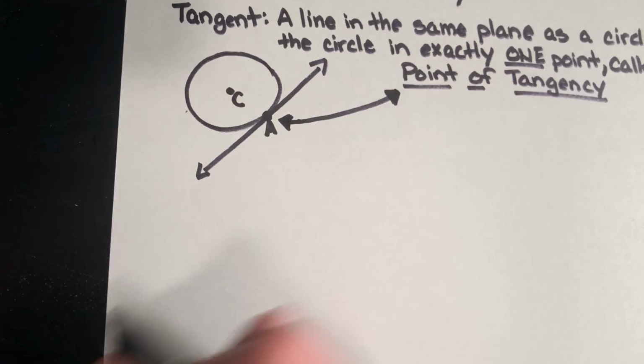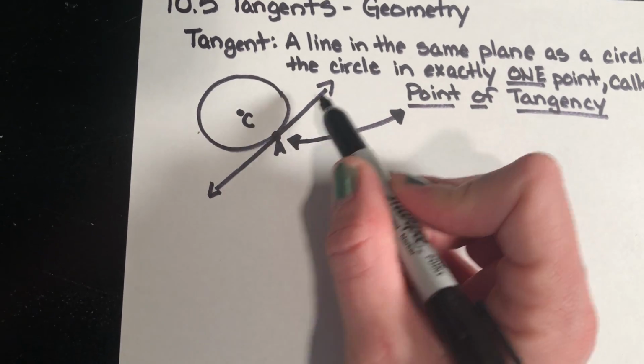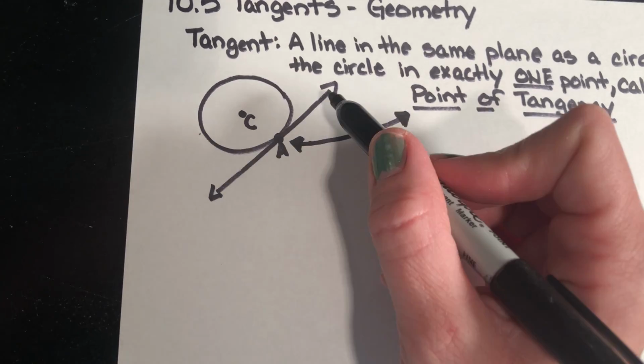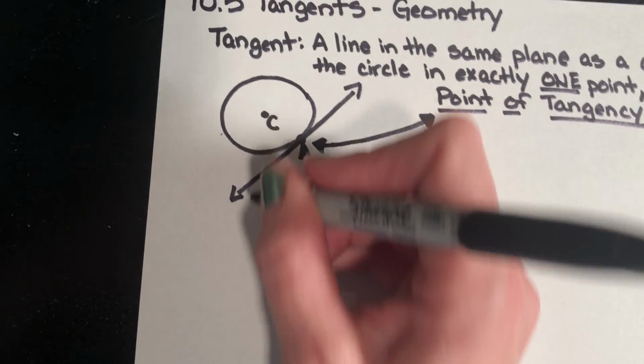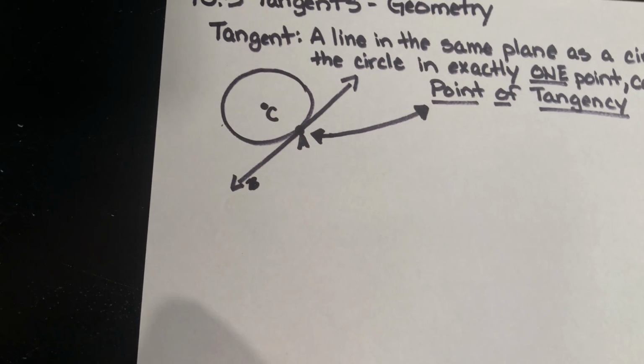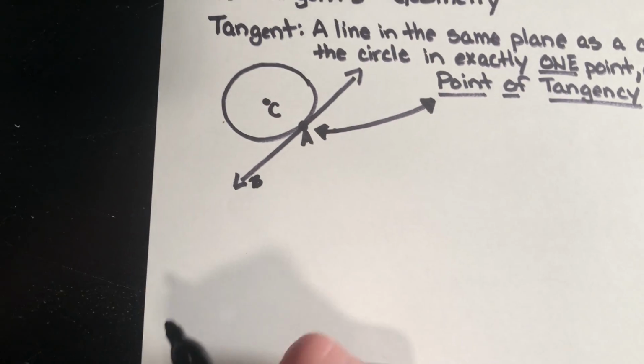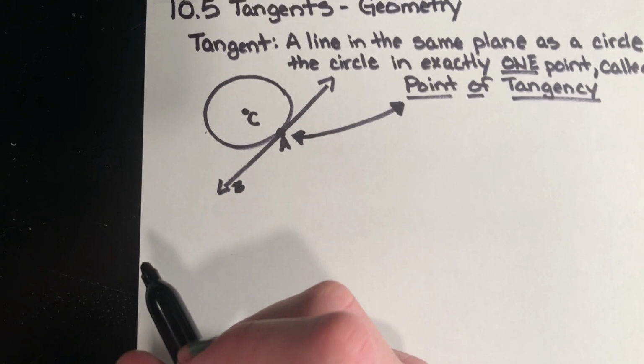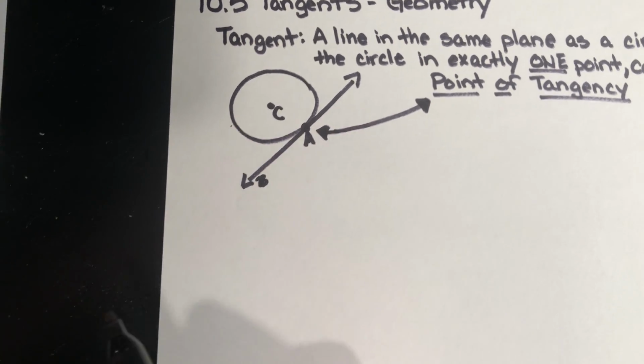So that is what I mean when I'm talking about a point of tangency and a tangent line. So this line, let's call it line B, is the tangent line to circle C.